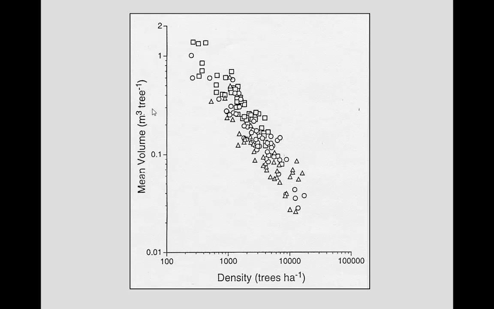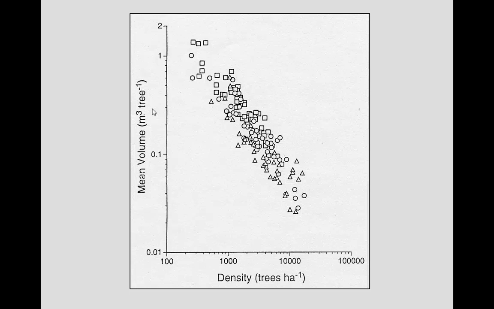Now the challenge here is which is which. Is it the triangle that represents the highest site and the circle the lowest site, or vice versa? And the point is you can't tell. We've looked at it statistically, and there's no significant difference. And so this is supposed to illustrate for you the generality that the size-density relationship is independent of site quality.